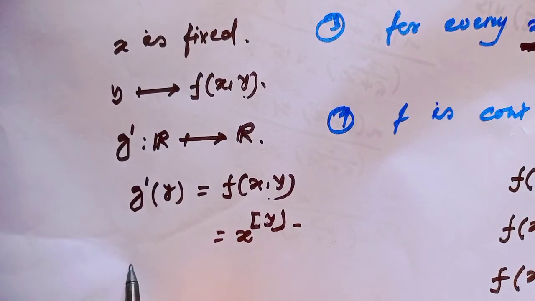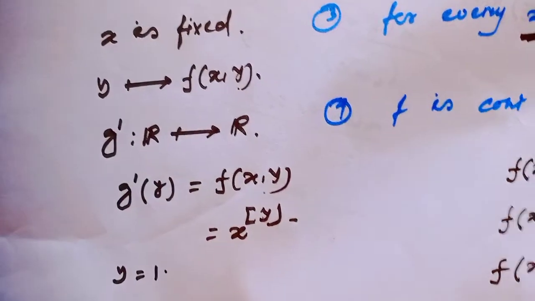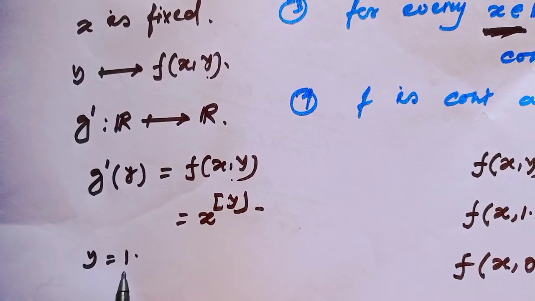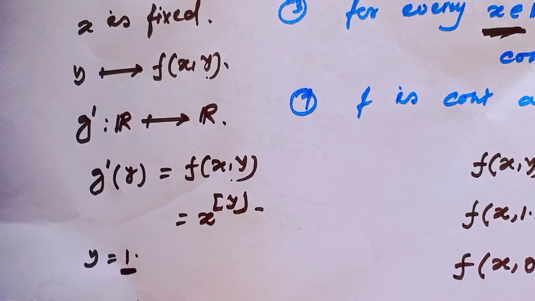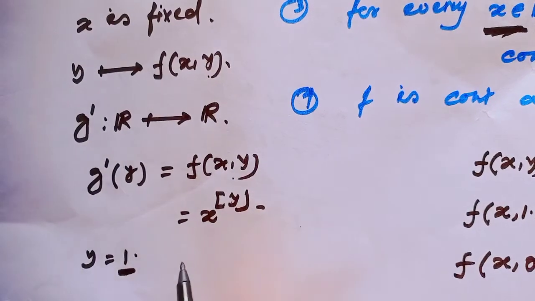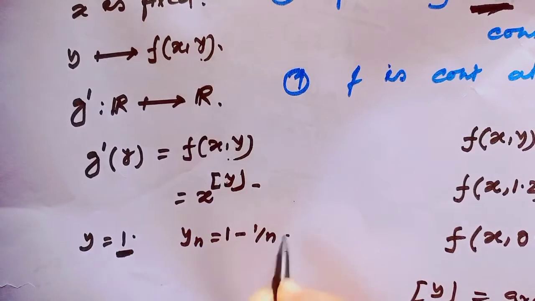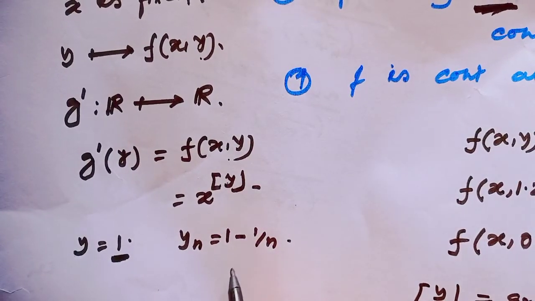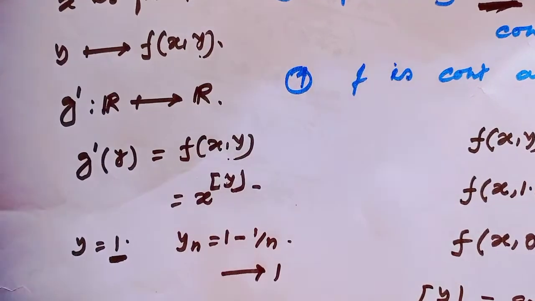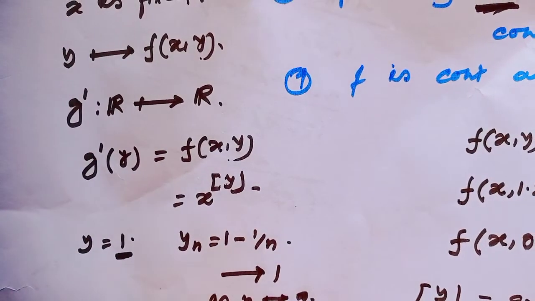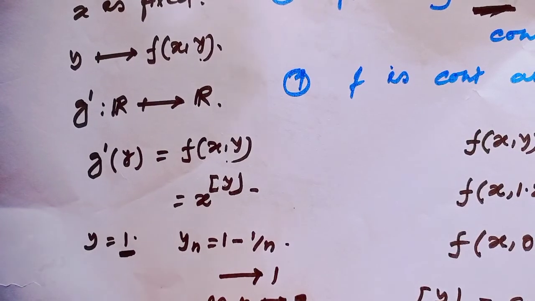Choose a point y equal to 1, because I will use here the sequential criteria, but here with one variable, so choose a point y equal to 1. Now for continuity, we have to choose a sequence. Consider a sequence yn equal to 1 minus 1 over n, and notice this sequence always converges to y as n tends to infinity. Then what would be f of yn?